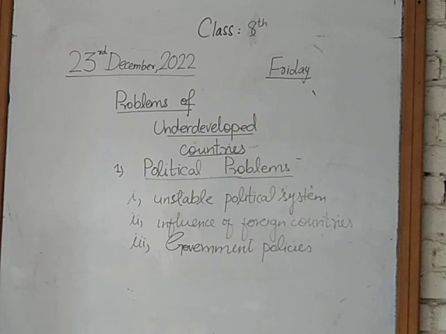Okay, what are the social problems that we discussed? Yes, good. Lack of modern education, because underdeveloped countries don't have a modern education system, and corruption. People in underdeveloped nations are doing continuous corruption. Because of this, the countries are facing social problems.